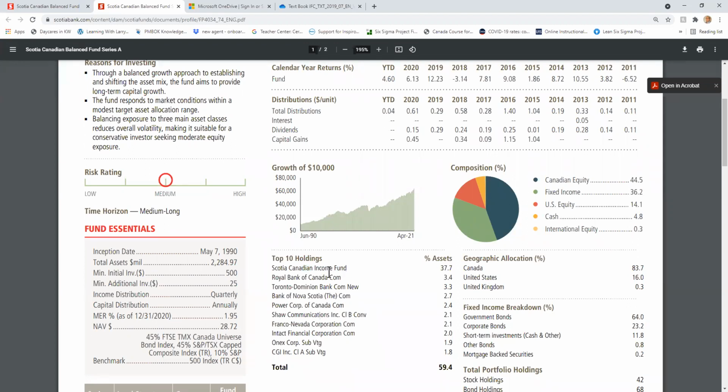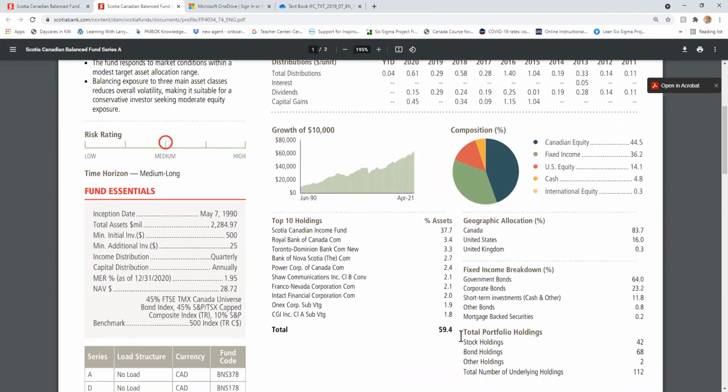The rest are shares in Royal Bank, TD, Scotiabank, Power Corporation, Shaw, and other companies. In the fixed income breakdown, 64% are government and 23% are corporate bonds, mainly in Canada with some investments in the US. So there are 42 different stocks and 68 different bonds.